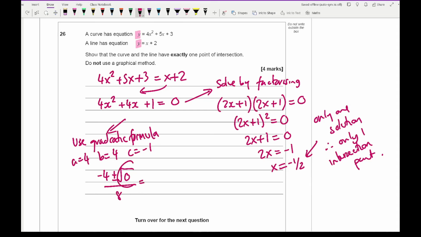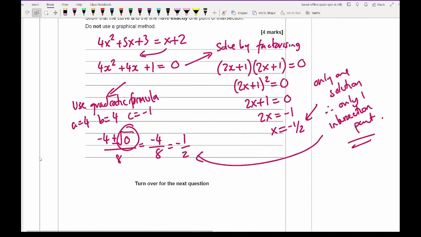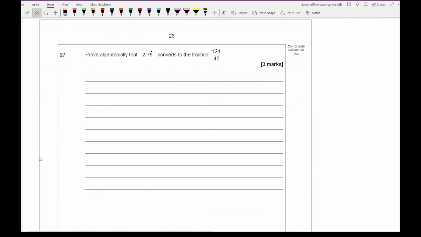Obviously the square root of 0 is just 0, so it's just minus 4 over 8, which equals minus a half, and again there's only one solution, so therefore there's only one intersection point. There are other methods you can use, but I would say that's pretty much all that is expected. You'll come to the same conclusion in either method you choose.